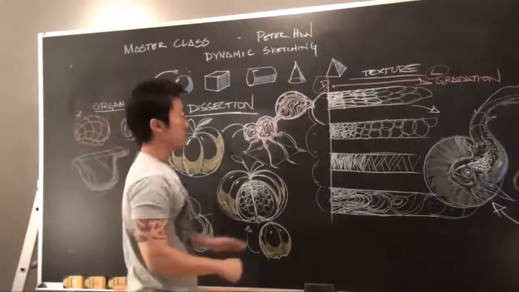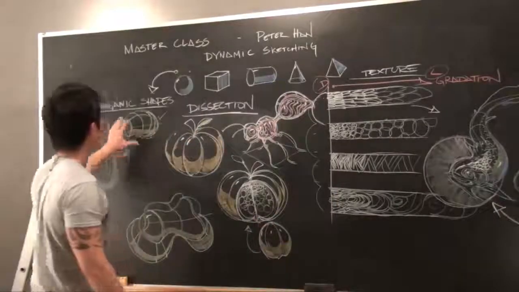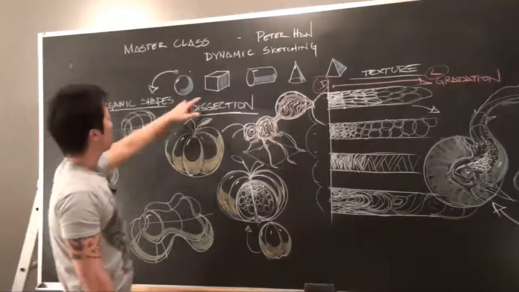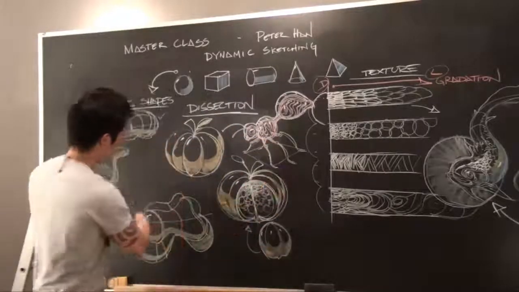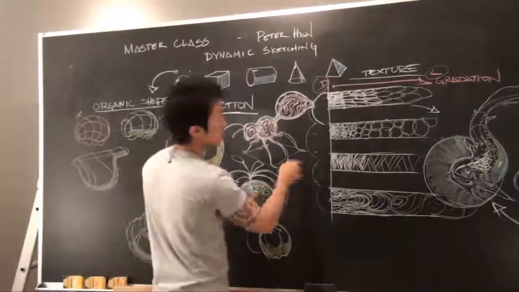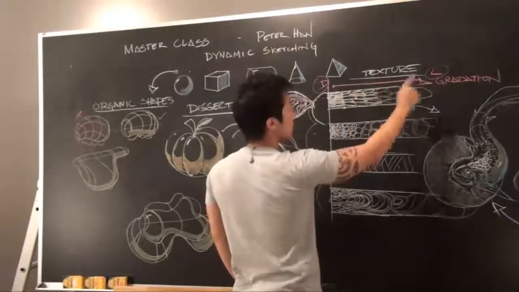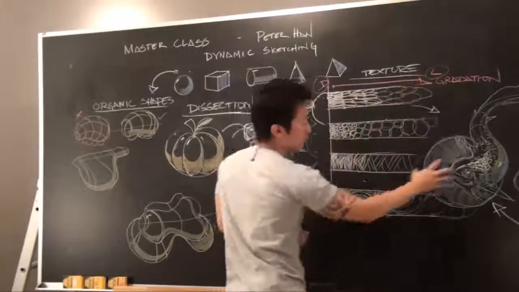All right, cool. So for today, we covered organic shapes, the 5 forms, contour lines, texture, using texture, gradation, dark to light, and focal points.